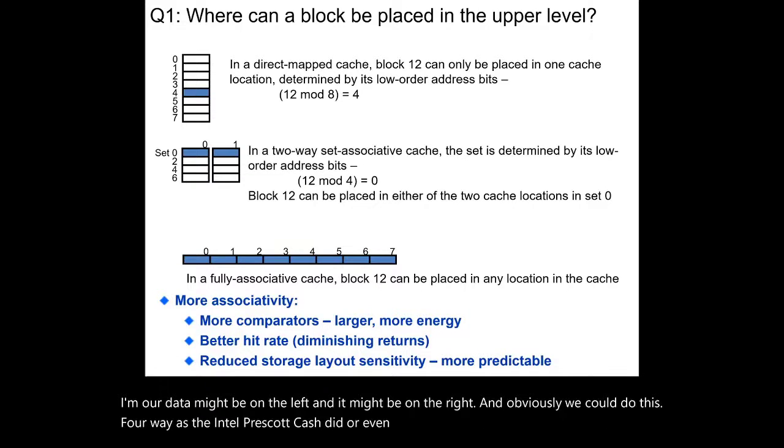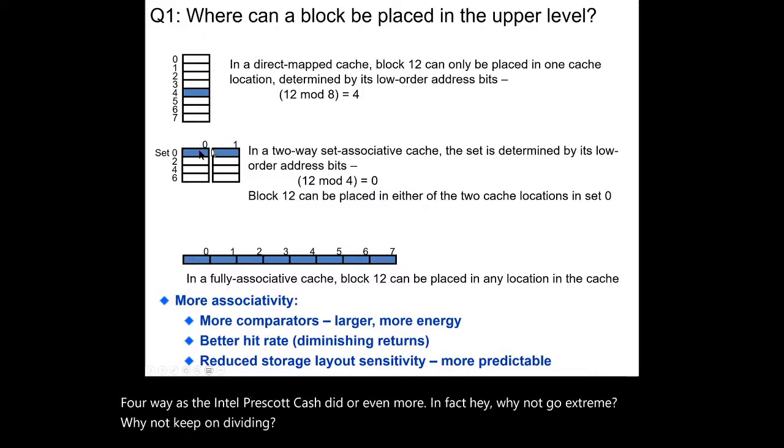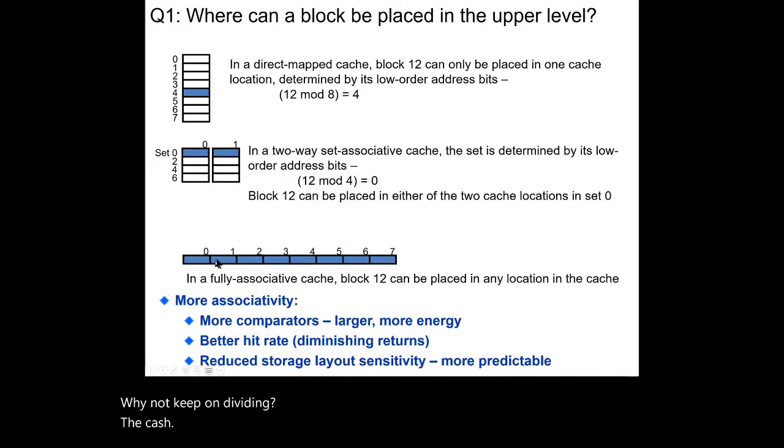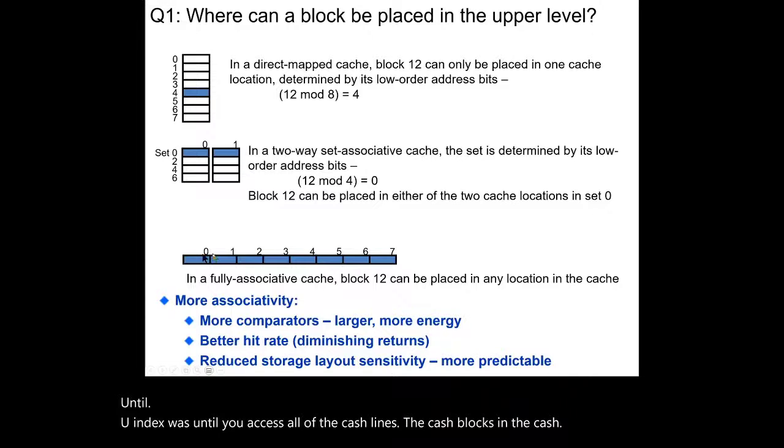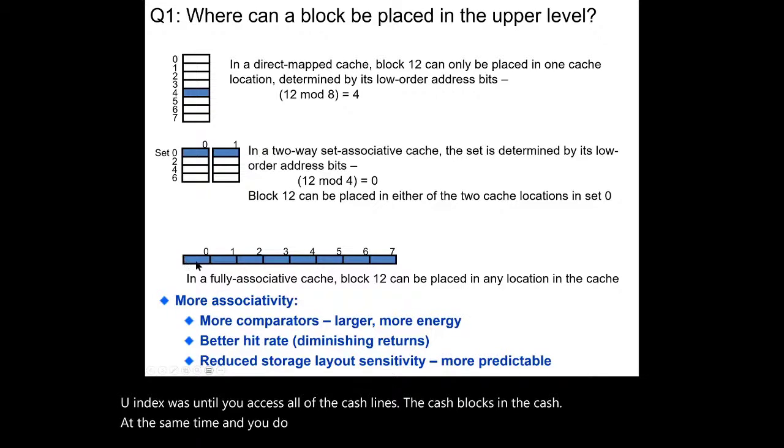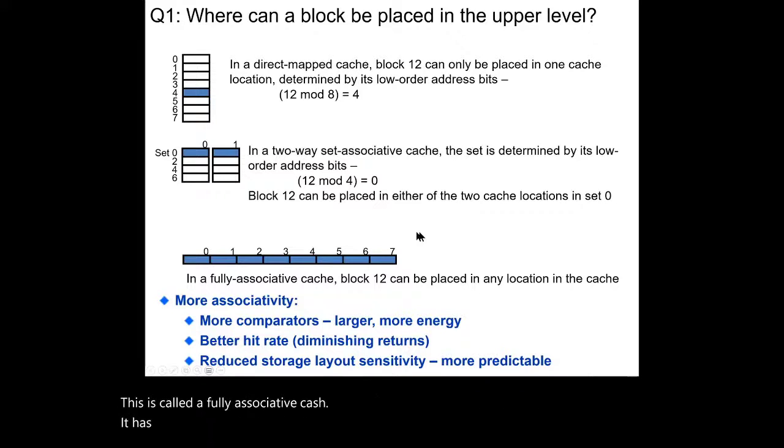In fact, why not go extreme? Why not keep on dividing the cache until you access all of the cache blocks at the same time, and you do a tag comparison for every block in the cache. This is called a fully associative cache. It has the advantage that a block can be placed literally anywhere in the cache.